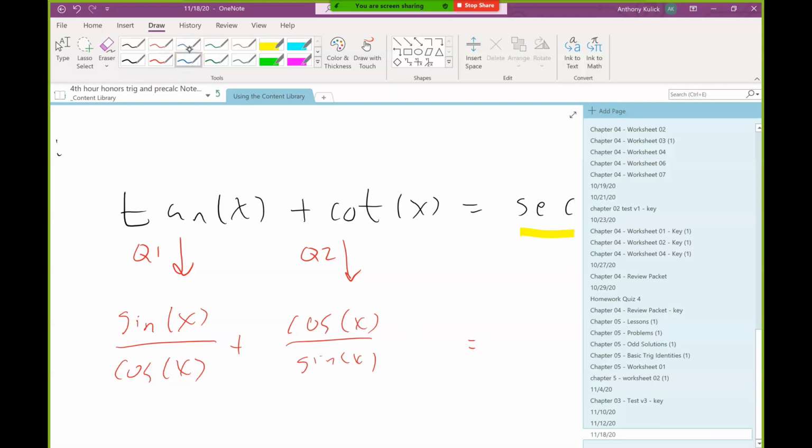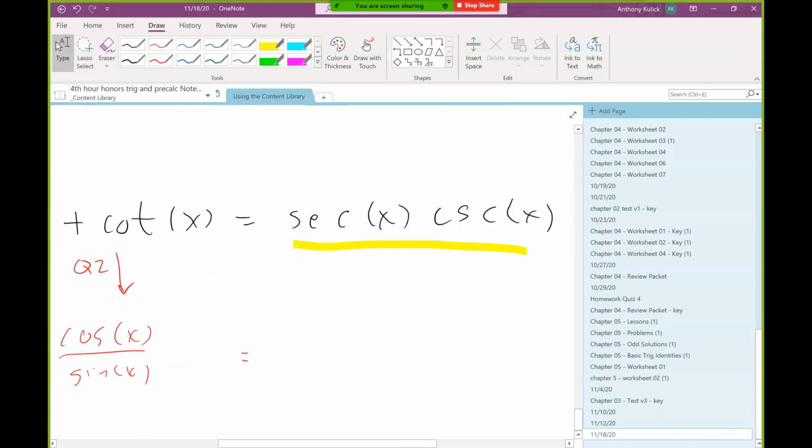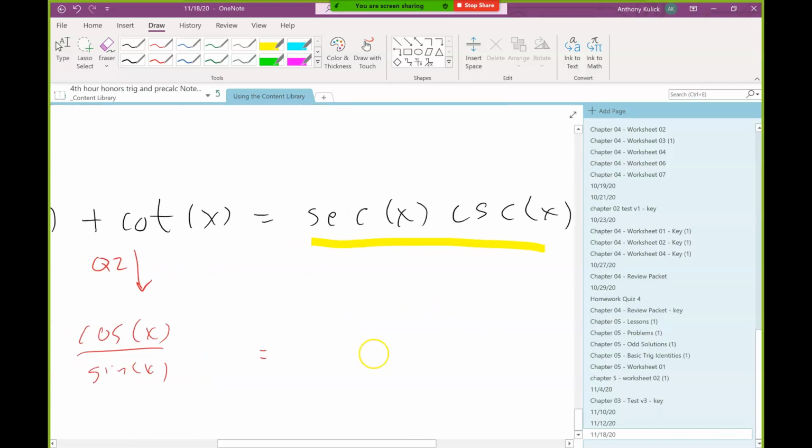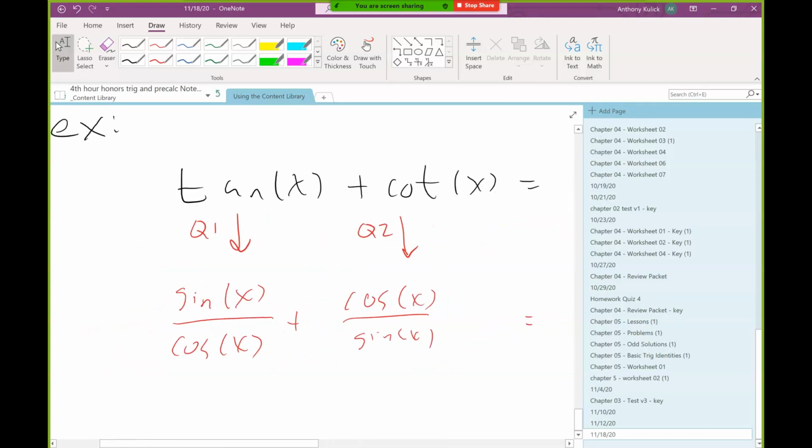Yeah, you're welcome. Okay, so we have these two fractions now. So there's two terms. Keeping in mind where I'm trying to get to, I have one term. So I'm going to need to add these two fractions together. To add these two fractions, I need to make a common denominator. The common denominator in this case is just going to be sine times cosine.